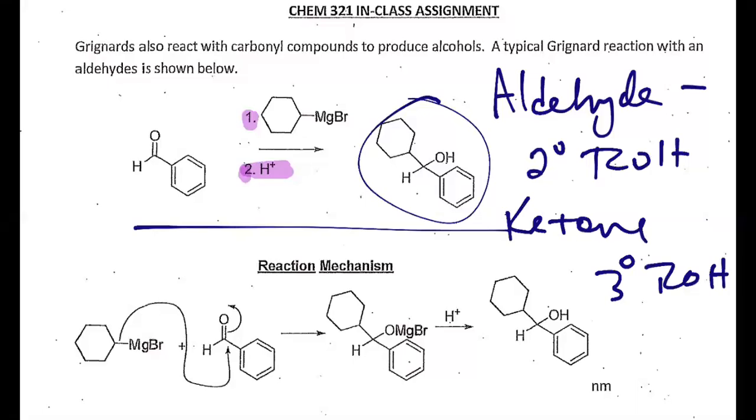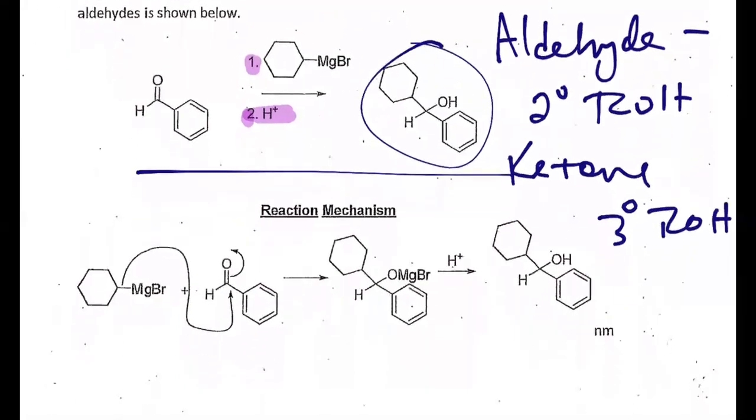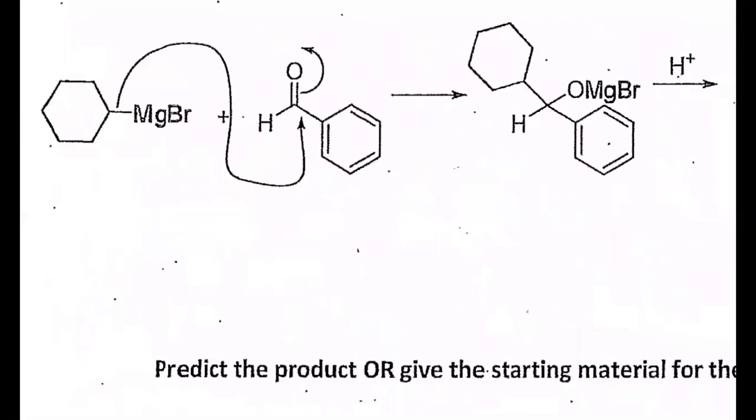All right. So let's look at the mechanism, how it works, and then we're going to look at some examples. So the first step is, remember for the Grignard, for any organometallic, the carbon is usually nucleophilic, because we said there was a dipole there.